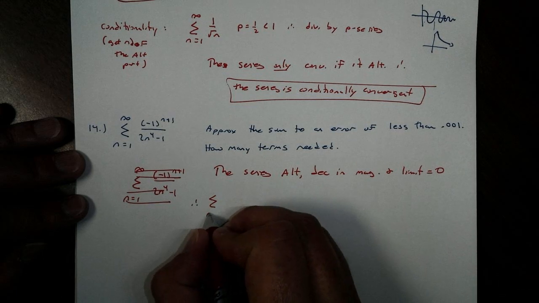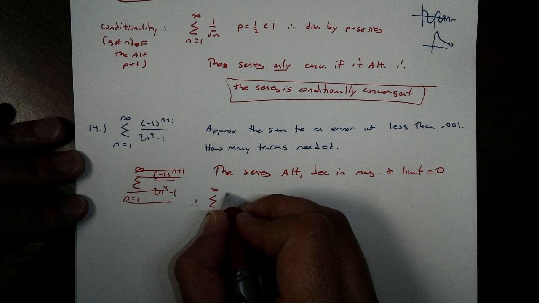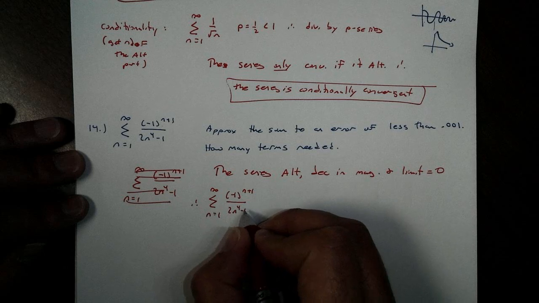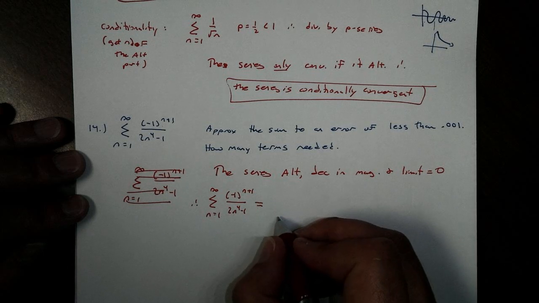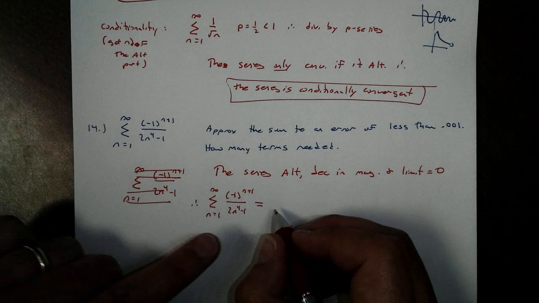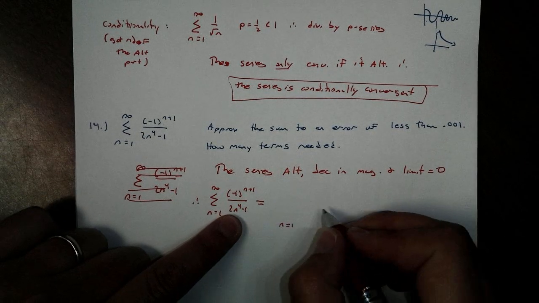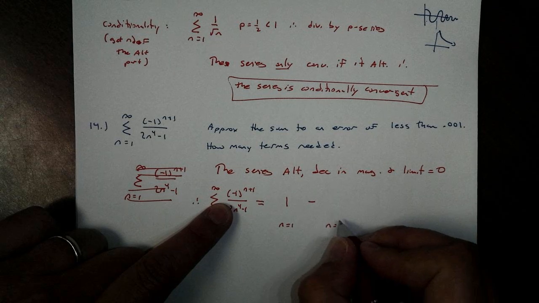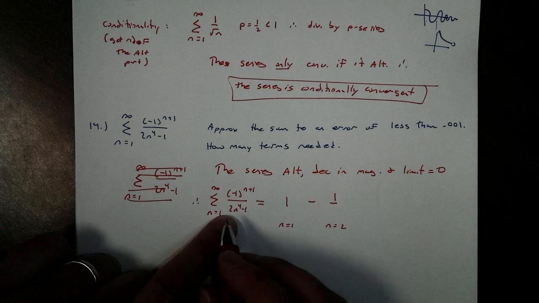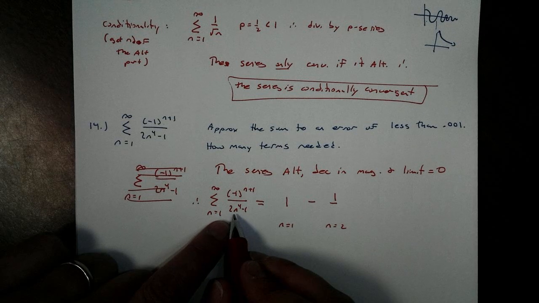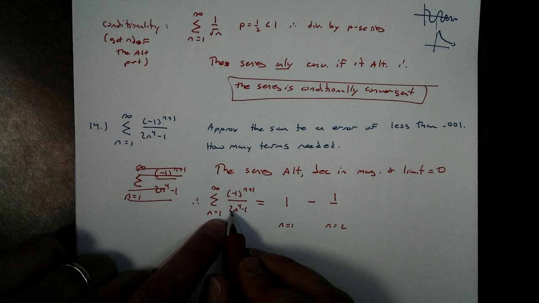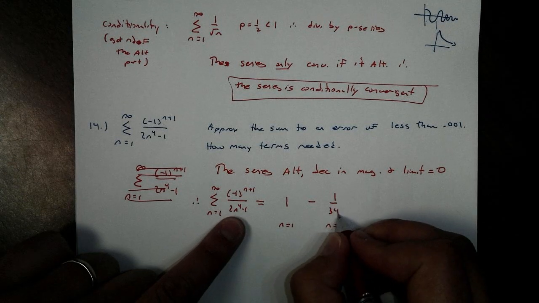Therefore, I can approximate my series. Now I'm going to write this all out. If I let n be 1, we're going to get just 1. It's alternating, so I know my next term is going to be negative. Let n be 2. Still going to be 1 on top, but the bottom, 2 to the 4th is 16 times 2, 32, minus 1, 31.